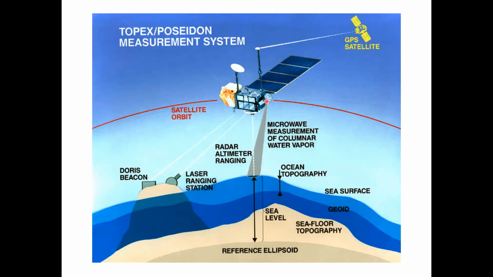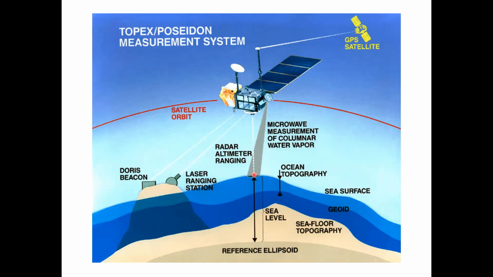And by taking the difference between the distance of the spacecraft with respect to the geocenter and the radar altimeter measurement, we can obtain the sea level with respect to the geocenter, which is what matters to us.